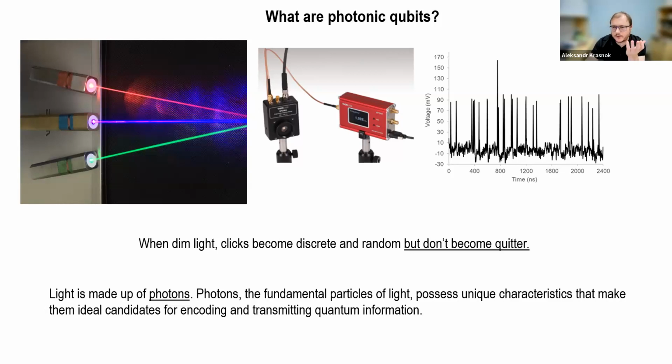So without interaction, for example in cosmos, in space, if light doesn't interact with matter, then the state of a photon will stay unchanged for a very long time. In drastic contrast to other types of quantum information units, to other qubits.